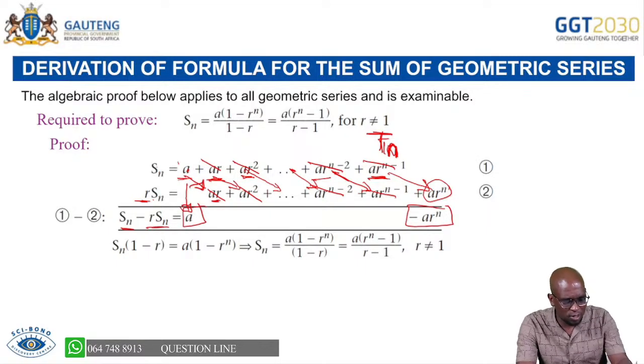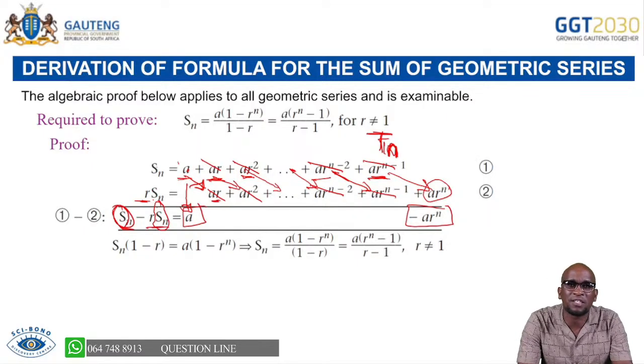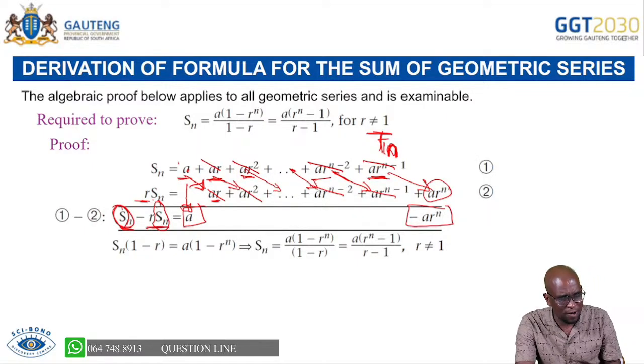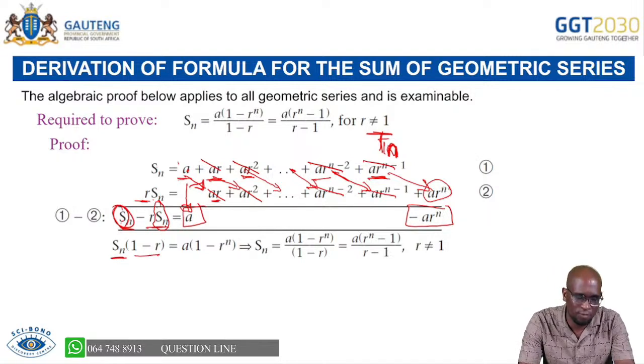Now, because of that, we can take out S sub n as a common factor, not the subject, because you have S sub n here and S sub n there. If you take it out, you are left with 1 minus r.